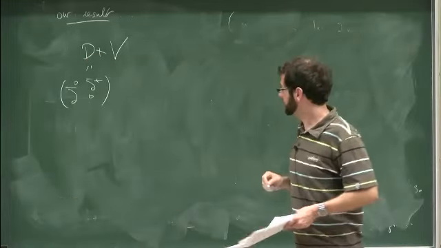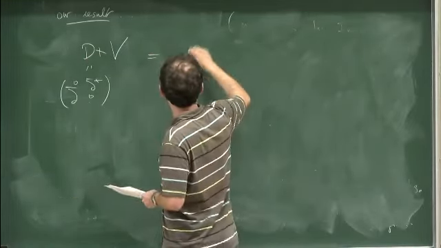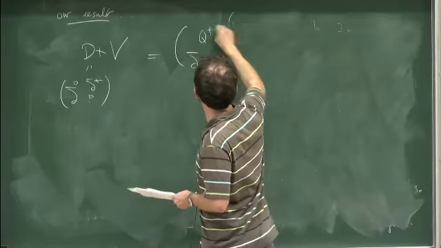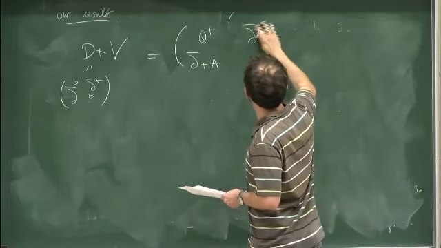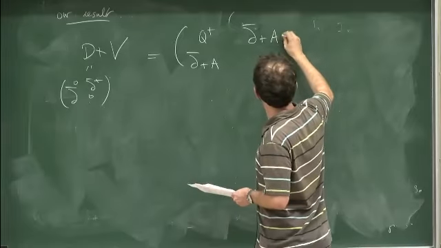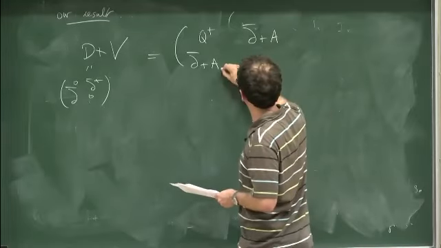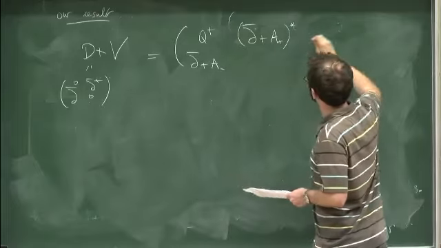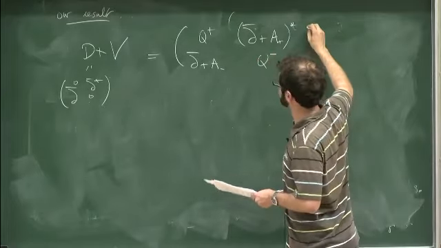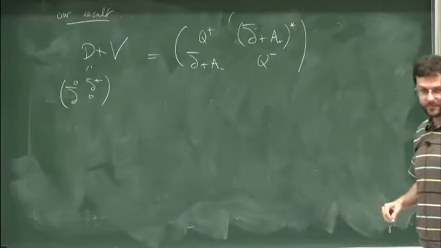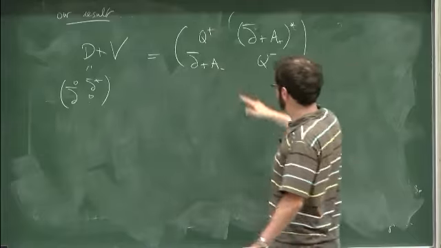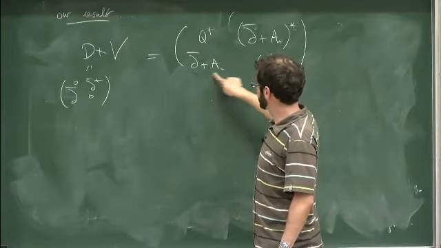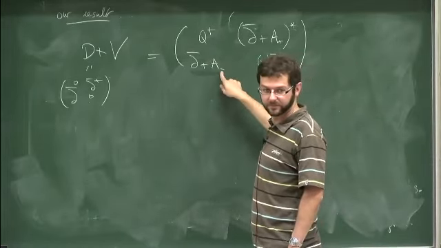Right? So the first thing is to write it like this. Maybe a minus, I will write it this way, and q minus. And the first reduction we do is to consider this really as a d-bar operator.